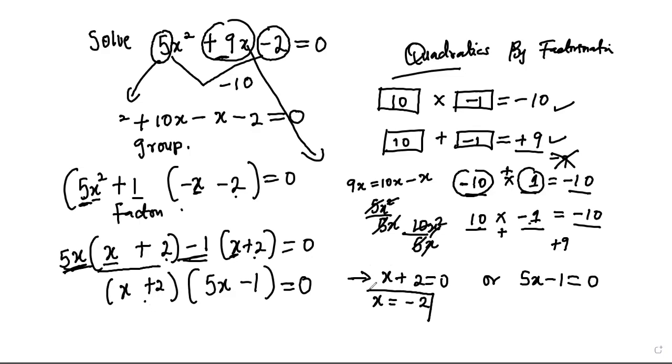That is the first value for x. For the other one, we have 5x equal to 1, since when you take negative 1 to this side, it becomes positive 1. Now you divide both sides by 5. So finally, x is just equal to 1 over 5. That's the second solution for the quadratic equation.